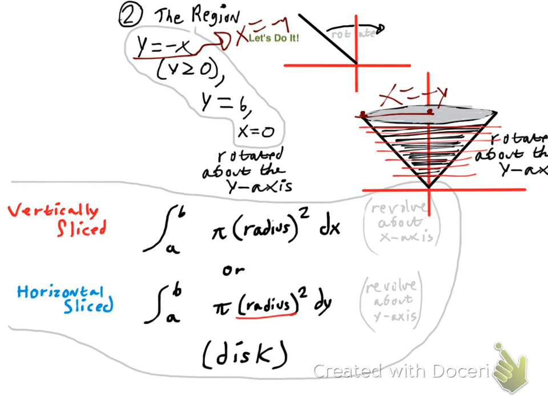So x equals negative y is our radius. The radius is usually just the function value, right? And according to the formula, it is a dy here, not a dx. So if we're going to plug in our function for the radius, it's going to have to be in terms of y, which in this case it is, x equals negative y.